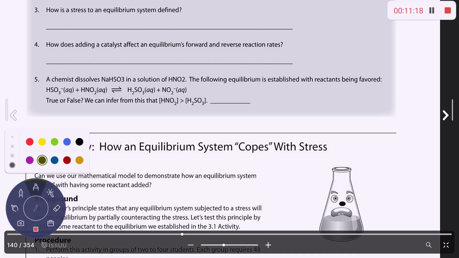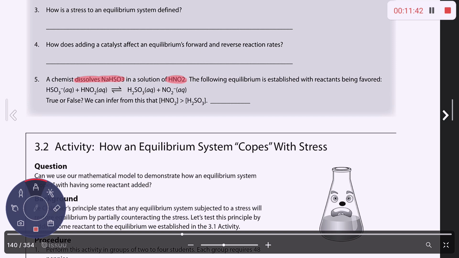Here it says a chemist dissolves sodium bisulfite in a solution of nitrous acid. Sodium ions are soluble, so this compound is soluble, which means the HSO3-1 concentration, we're not even at equilibrium yet, so I'm not going to highlight that.